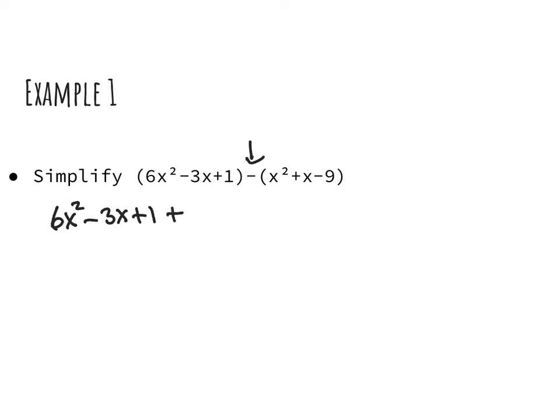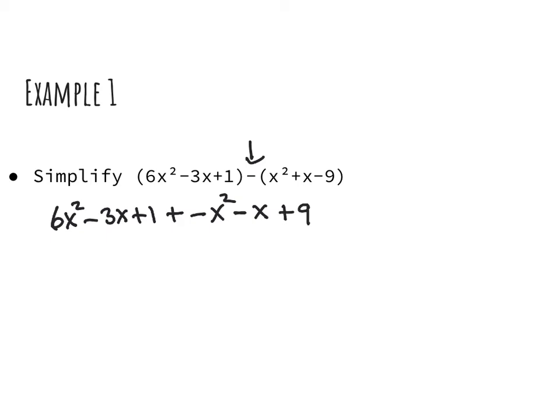And when we remove the parentheses for the polynomial that's on the right, we have to also change the sign of each term that's in that parentheses. So the positive x to the second becomes a minus x to the second. The plus x becomes a minus x. And the minus 9 becomes a positive 9.